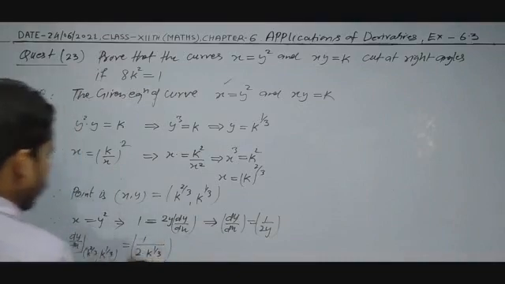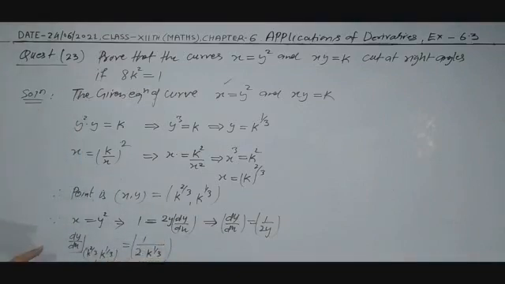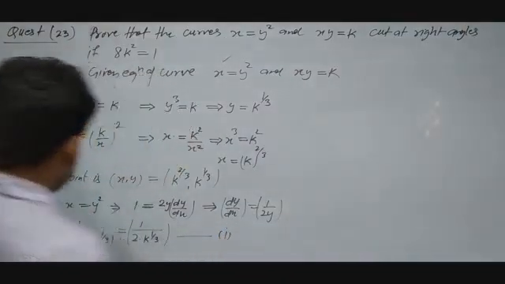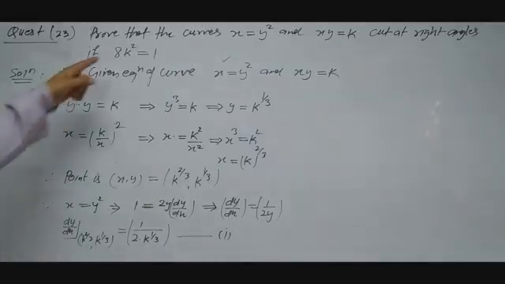This is the value of dy by dx, and this is also the slope of tangent. Now consider equation 1. This is the slope of tangent.